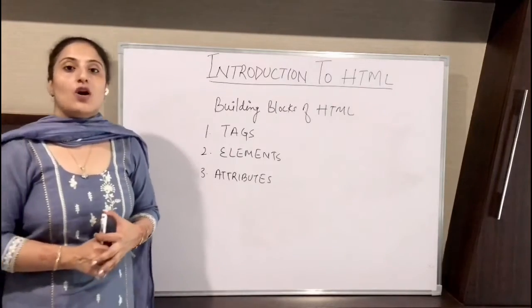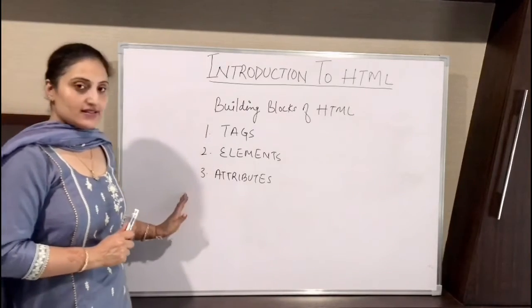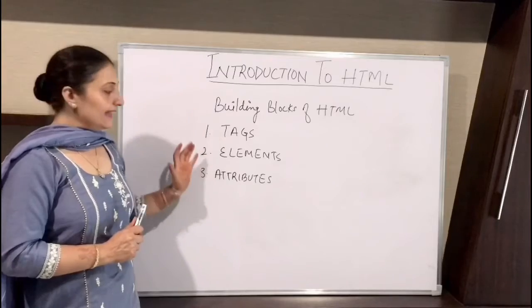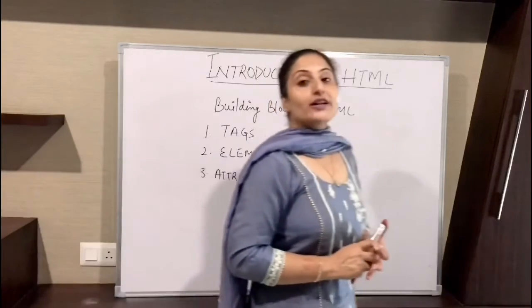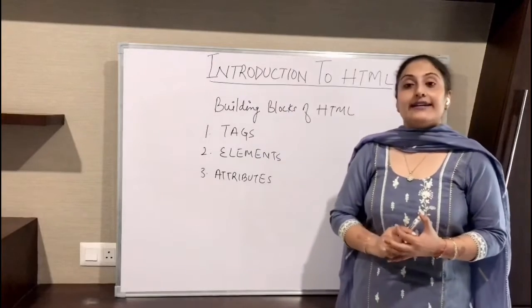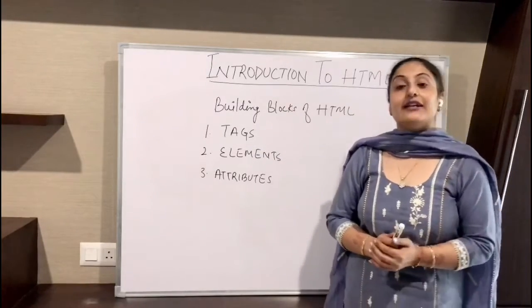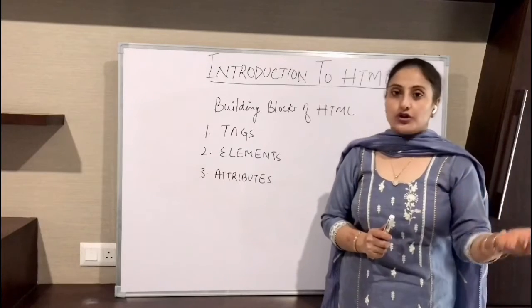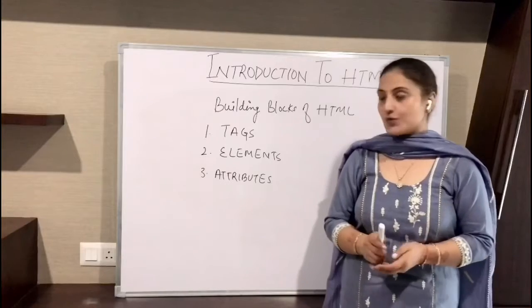Building blocks of HTML contain these three things: tags, elements and attributes. Now, what are tags? Tags are an instruction that inform the browser what to do and how to display the contents on the page.